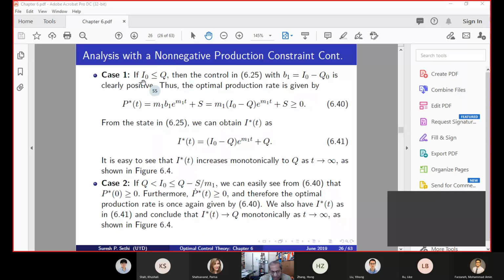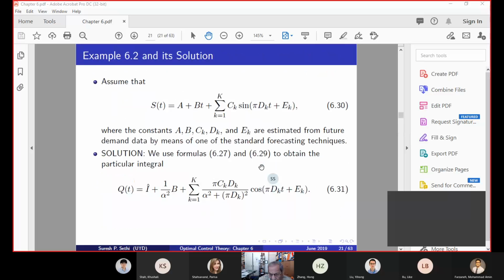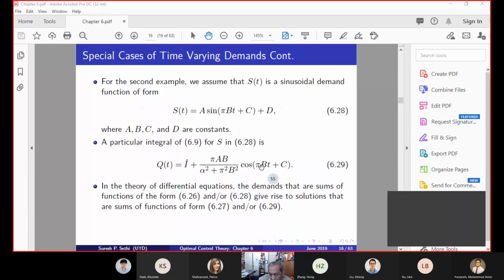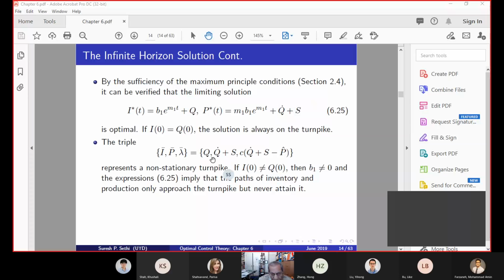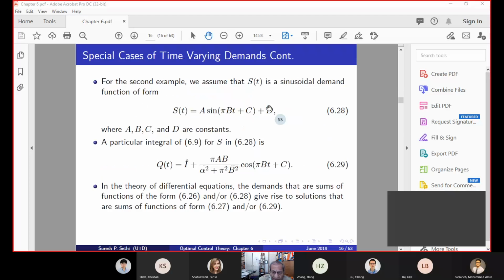If I0 is less than Q, our control 6.25, we can show that this P star, if you put the formula that we have for Q dot and everything, this formula will say that the P star is bigger than 0.